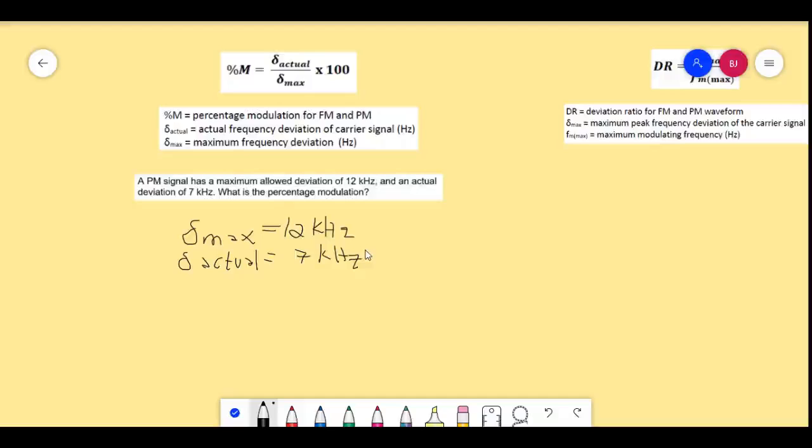So we just have to divide the two of them together and then multiply them with 100. So that would be 7, which is the actual frequency deviation, divided by 12, which is the maximum allowed frequency deviation.